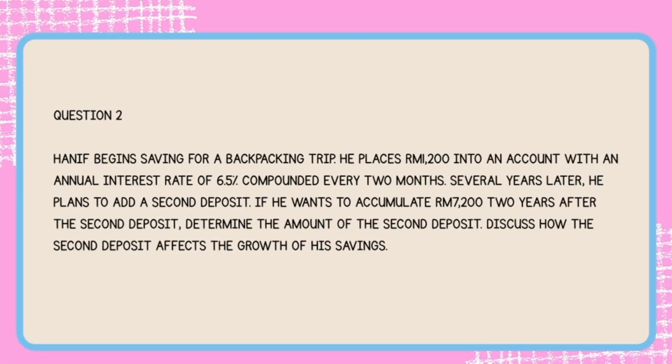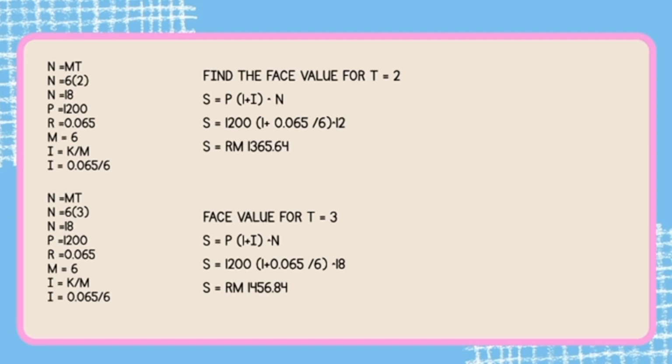So here is question 2, you guys can read by yourself first. For question 2, you need to find how the second deposit affects the growth of his saving. For the first thing, you need to find the future value. I choose T, that is time, 2 years, and the other is 3 years. So I find the future value with T equal to 2 years and 3 years.